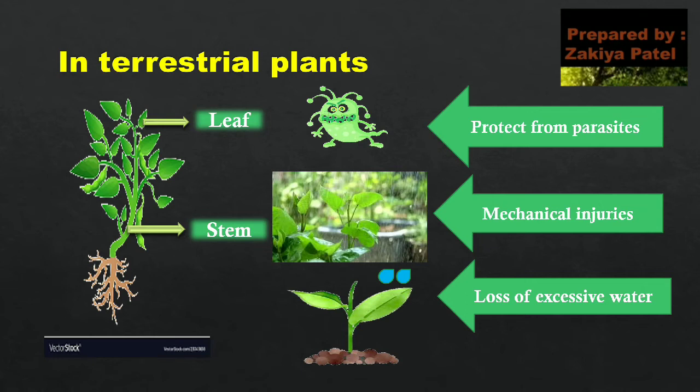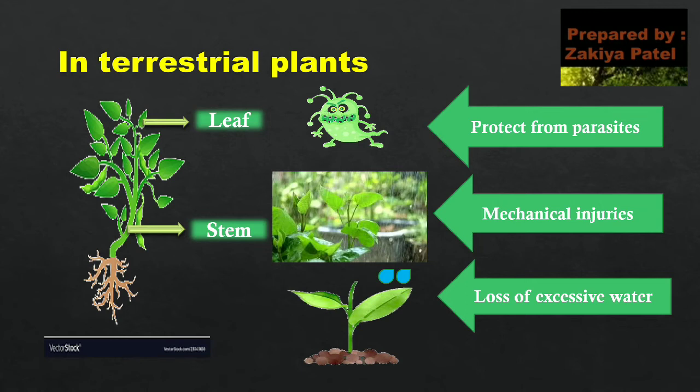So first we saw the protective tissue in desert plants. Now in terrestrial plants, remember, dear student, that the stem and leaf of the plant have waxy secretions. These waxy secretions help the plant to protect from parasites, help the plant during mechanical injuries, and also help to prevent loss of excessive water into the atmosphere during high temperature.